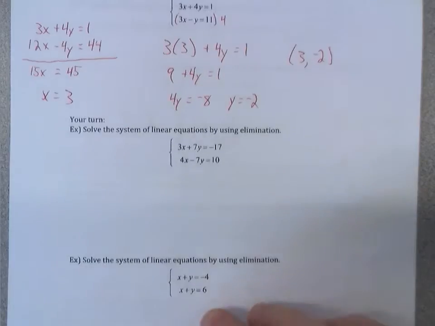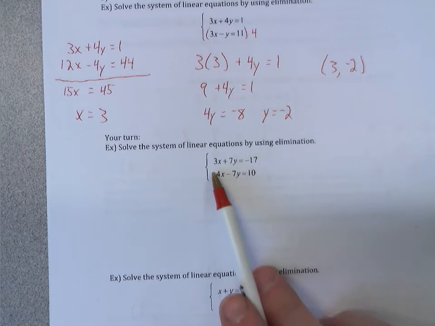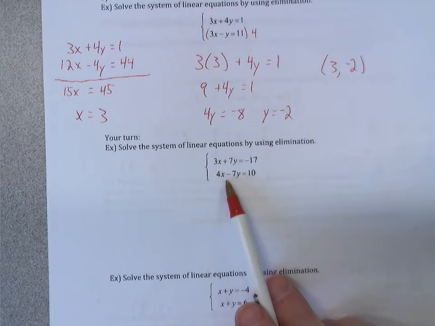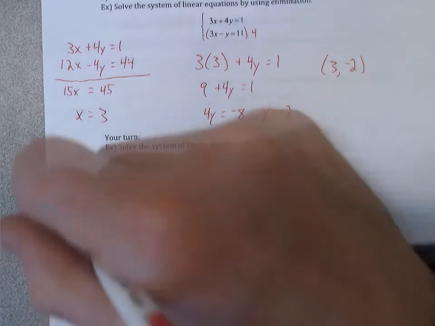Okay, let's continue. Let's solve the next one. We've got 3x plus 7y equals negative 17, and 4x minus 7y equals 10. The 7y and the negative 7y are equivalent to each other with opposite signs. They will cancel out.